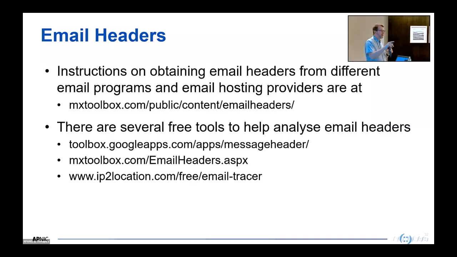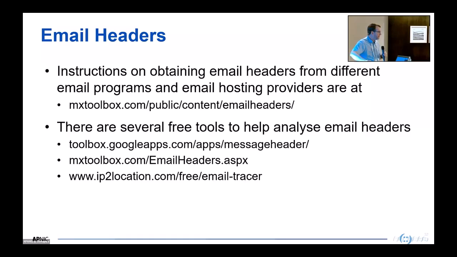If it's Gmail, you just go up in the top right-hand corner, click on 3 dots, I think it is, and go to View Original or View Raw Message. If it's Microsoft Outlook, you have the independent client, not their web interface. You've got to go through this complex thing, and the headers are totally separate to the email.